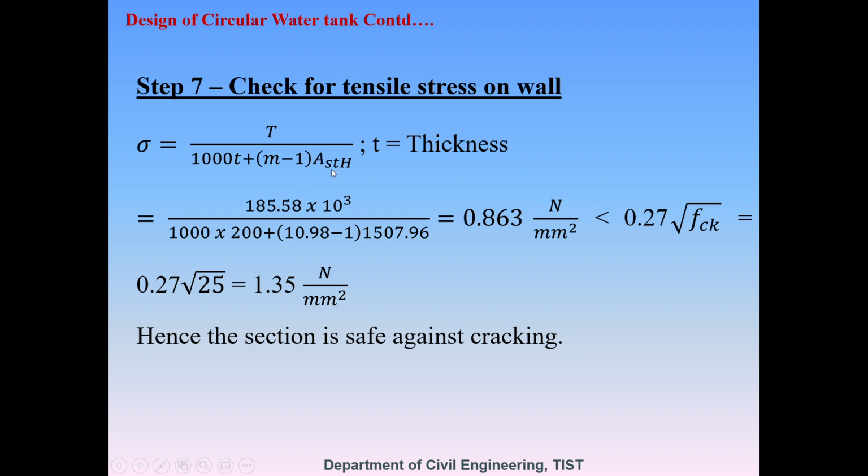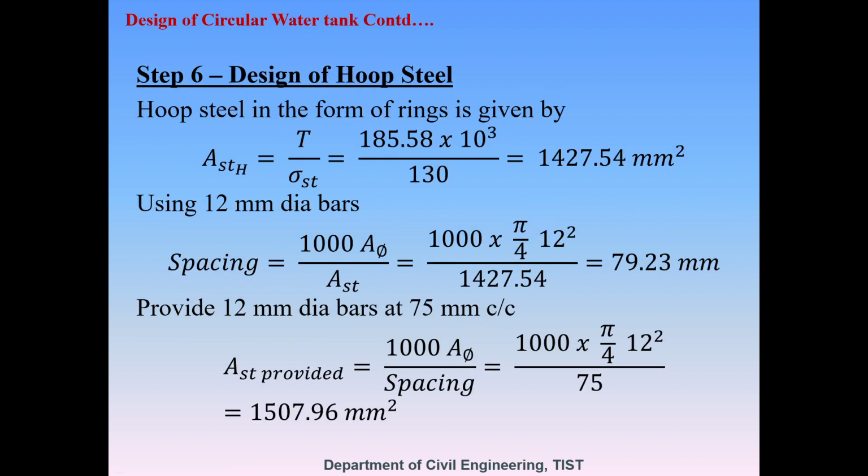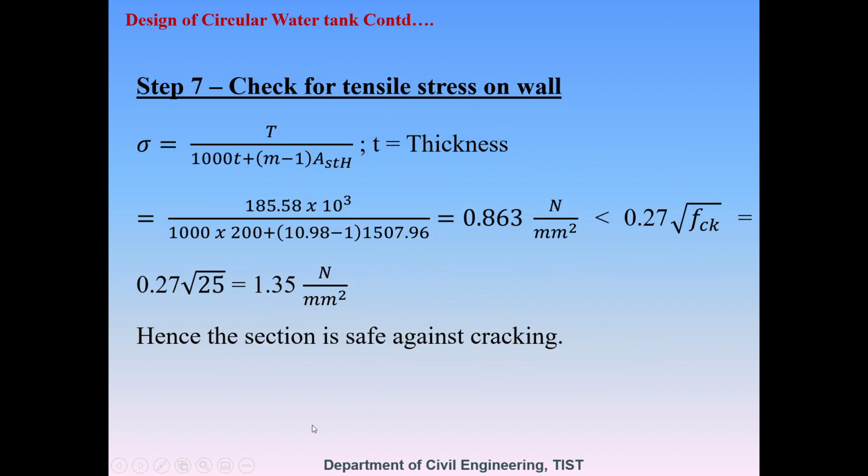ASTH means the value of horizontal steel provided, that is 1507.96. Then from this the available tensile stress is 0.863 Newton per mm square and the permissible one is 0.27 root of FCK, that is 1.35 Newton per mm square. Since 0.863 is less than 1.35 Newton per mm square, the section is safe against cracking.